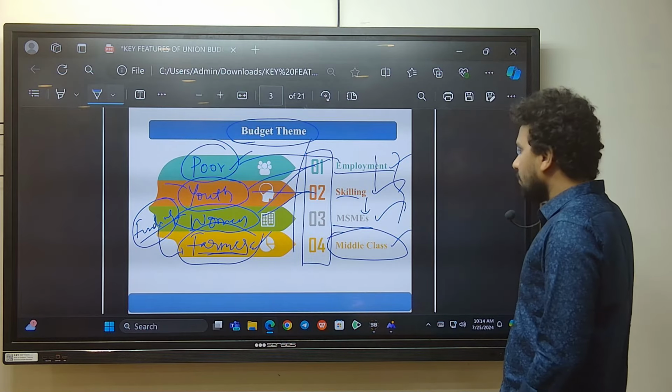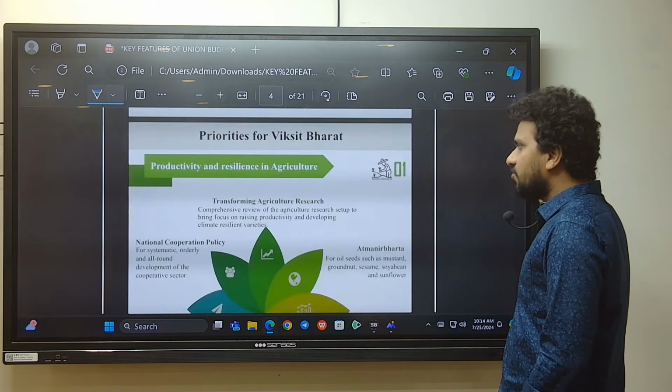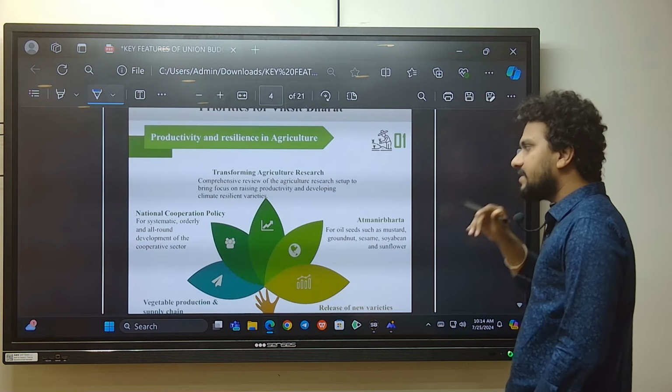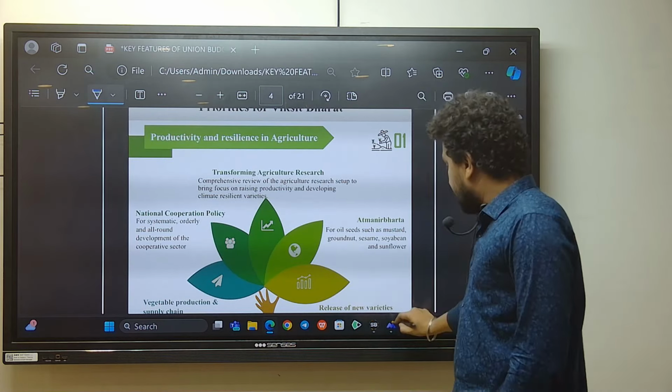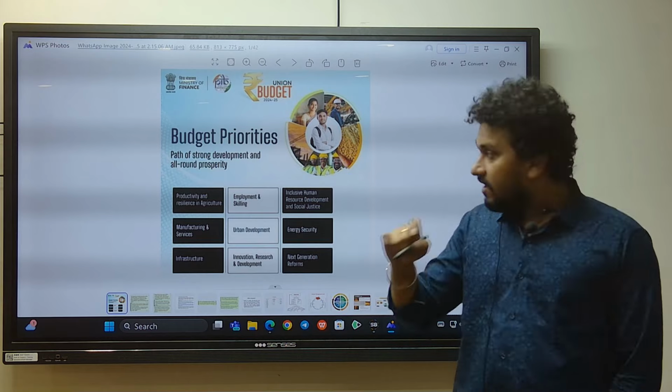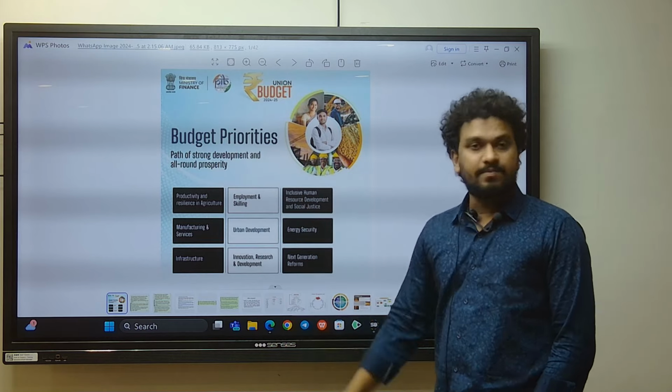Again, moving ahead, if you talk about the priorities across various sectors, as I told you, we have come up with various objectives, the budget priorities. What are the priorities of the budget? After identifying the focus areas and the themes of the budget, the government has come up with budget priorities.